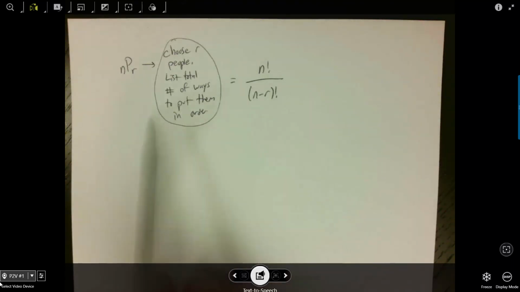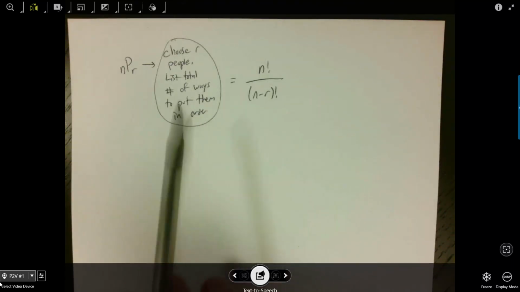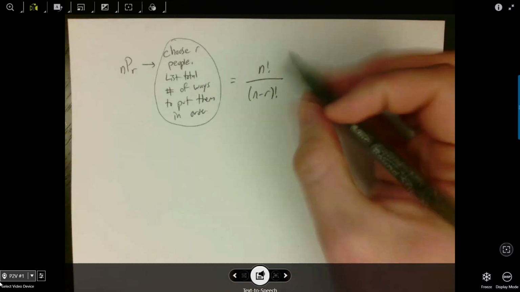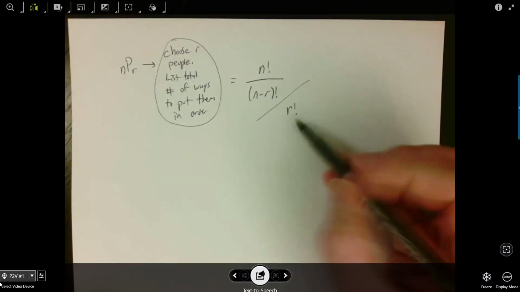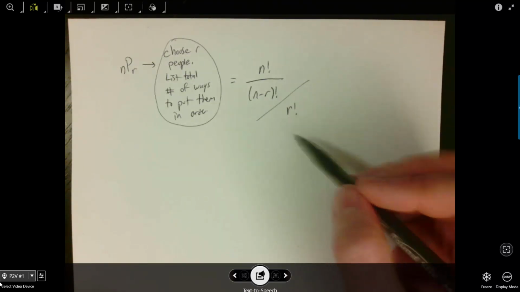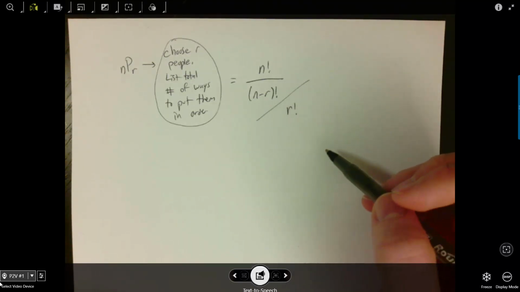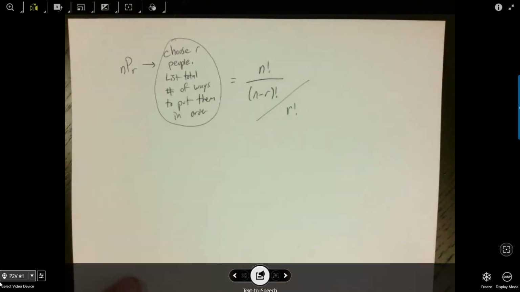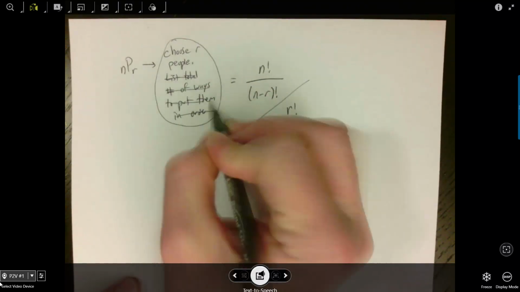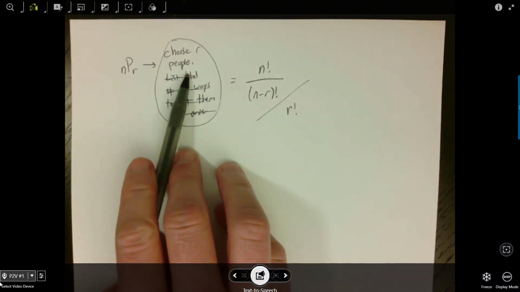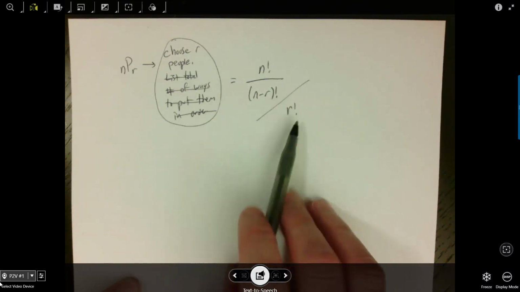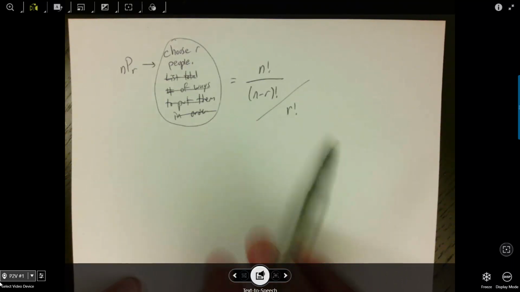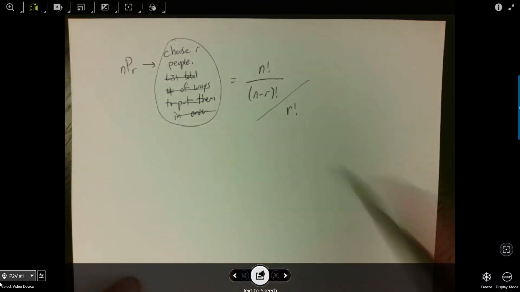We want to do that same thing, only we want to count all of the different reorderings as the same. So we'll divide by r factorial, because that's the number of ways of reordering our choices. And so we're left over with just the number of ways of choosing r people where the order doesn't matter, because we've divided all of the different orderings that are treated the same out.